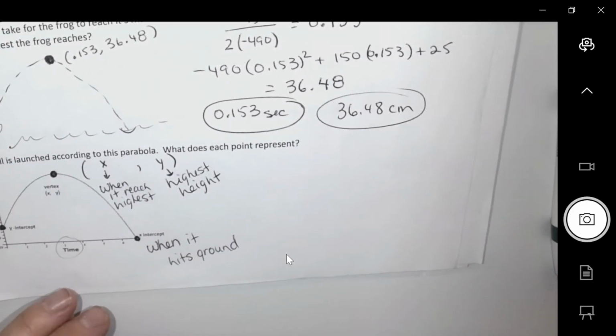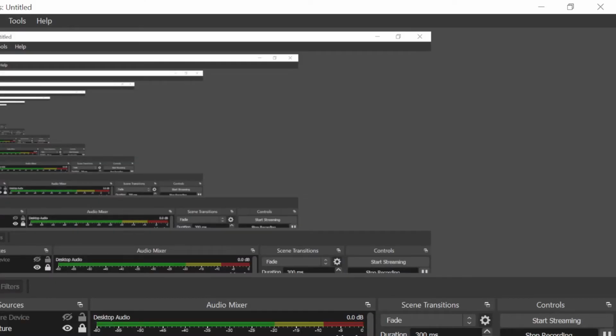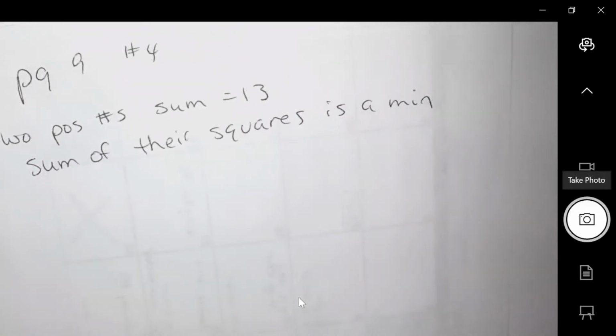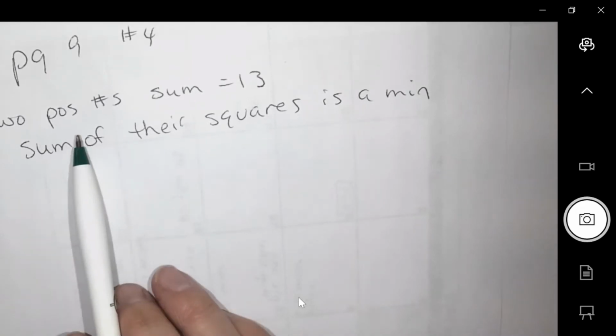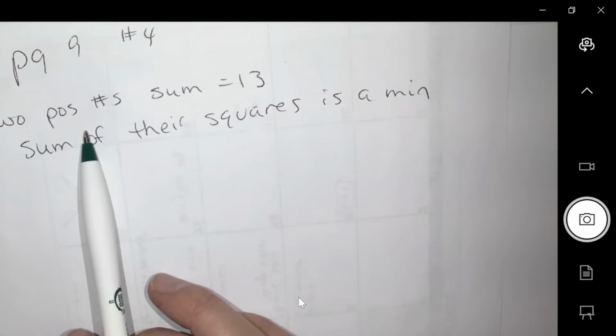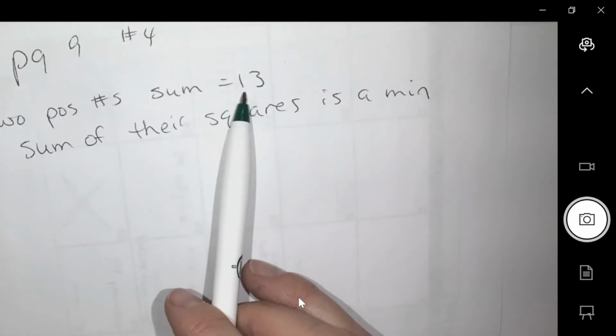Okay, we're going to do one in your booklet together, so get into the booklet. Page 9, number 4. Page 9, number 4. Okay, number 4. We have two positive numbers that have a sum of 13.